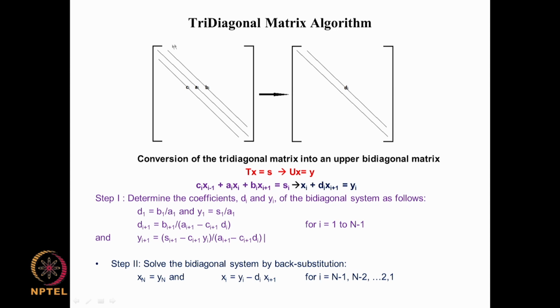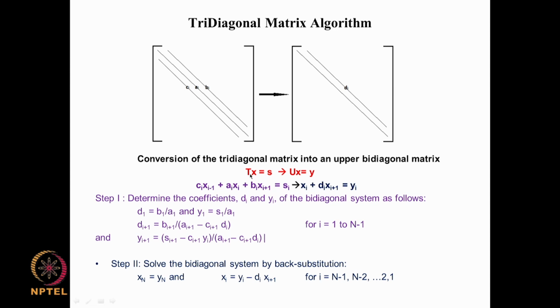to convert this tridiagonal matrix into an upper bidiagonal matrix, in which you have only two non-zero diagonals and all the others are 0, and out of these non-zero diagonals the main diagonal is taken to have values of 1. Every element on this has a value of 1, and only Di are non-zero, and these are yet to be determined.